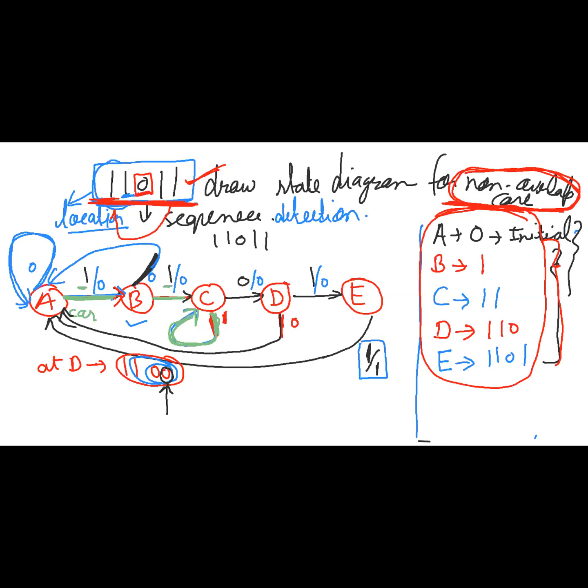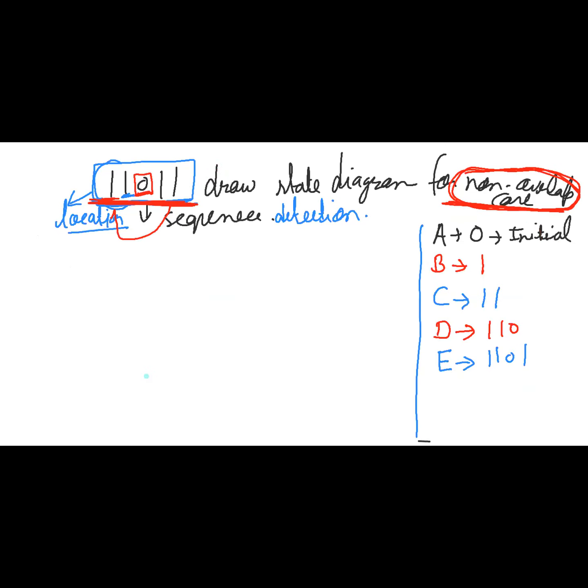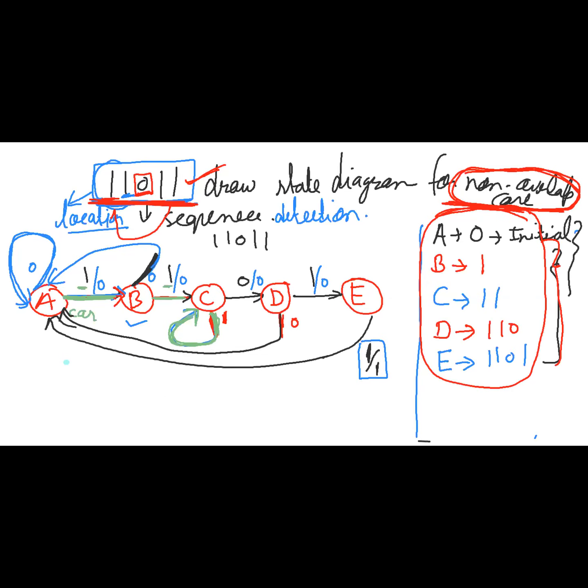Now at E. For E, which path did you complete? For 1, which path is left? 0, 1. Let's start at E. How will you reach the 0 location? 1, 1, 0, 1, 0. Don't forget, this is 1.